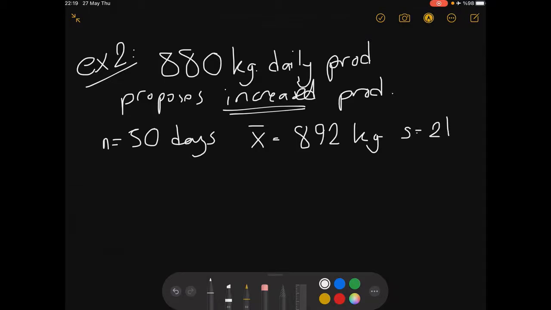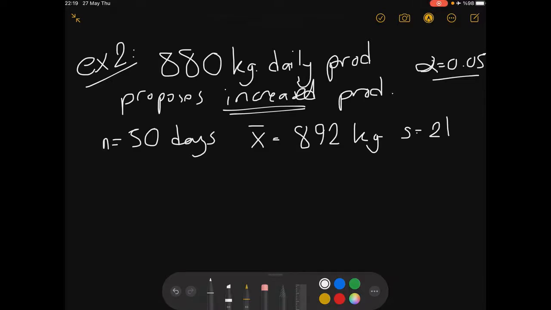Now you're curious about whether the method really increased production or not. If you look at this one, yes, it increased, but is it statistically significant? That's what you're looking for. So your alpha should be taken 0.05 here.